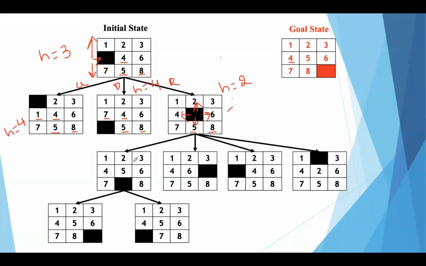So in the first case, we are moving this blank space down. So after that, 5 comes to the middle. And in the second case, we are moving this blank space towards right side.